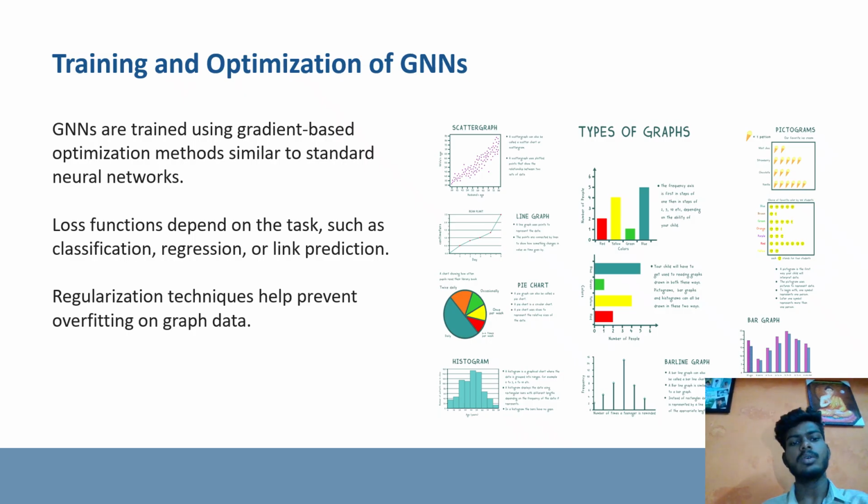Loss functions depend on the task, such as classification, regression, or link prediction. Regularization techniques help prevent overfitting on graph data.